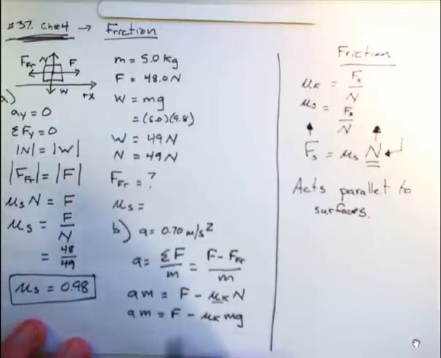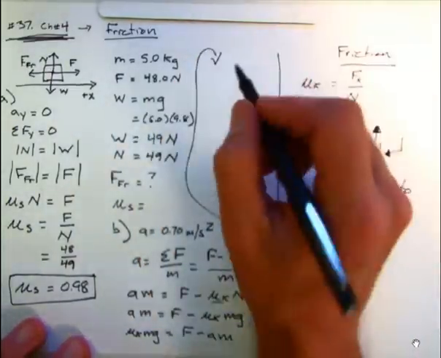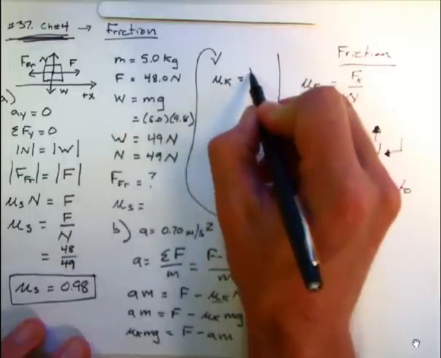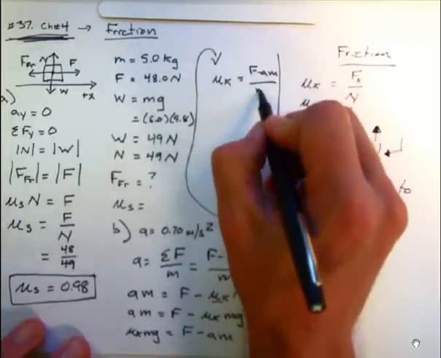But I think we know everything in this equation with the exception of mu k. So if I move mu k mg to the other side, that's going to be equal to F minus am. And if we bring this all up here, mu sub k is going to be equal to F minus am divided by mg.